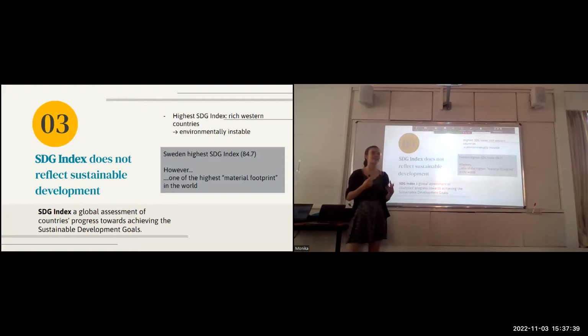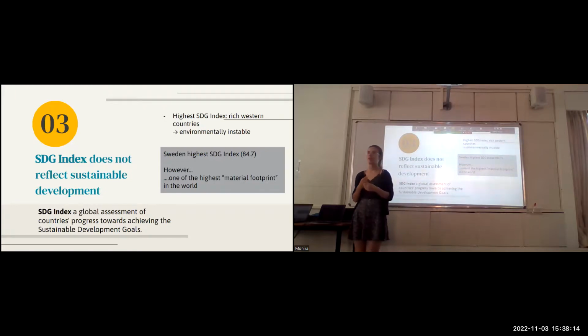On the other hand, most of those countries still face a lot of environmental issues. For example, Sweden has the highest SDG index with 84.7%. But on the other hand, they have one of the highest material footprints. Material footprint is the consumption of products per person throughout the year, and they have 32 metric tons of material footprint, which is equal to that of the US.